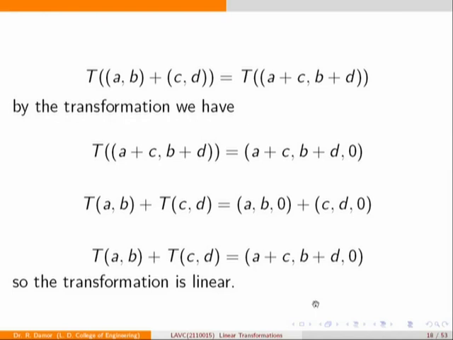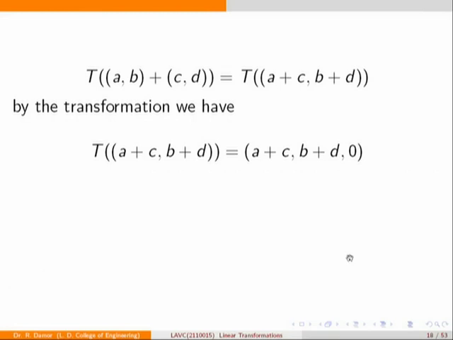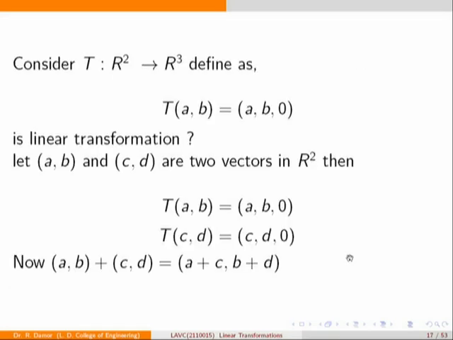Clear? And in the same way, I can check my last condition. K is any scalar. T of K times (a, b, 0) can be written as K times T of (a, b, 0). This is also a simple condition.